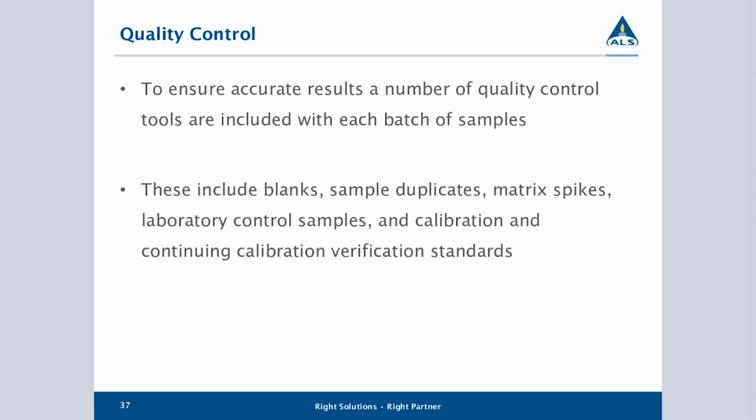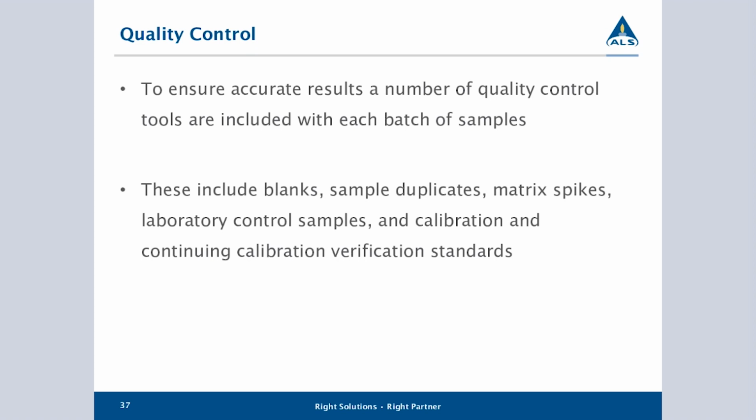All tests at ALS Winnipeg use quality control tools with every batch of samples to ensure that we're reporting accurate results. For microcystin testing, the QA and QC tools that are included are blanks, sample duplicates, matrix spikes, laboratory control samples, calibration, and continuing calibration verification standards.